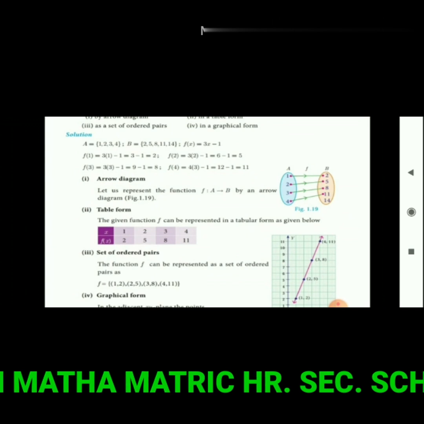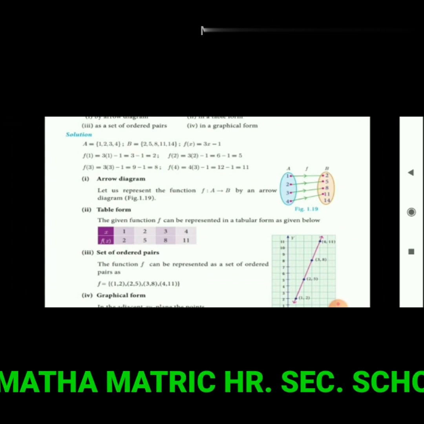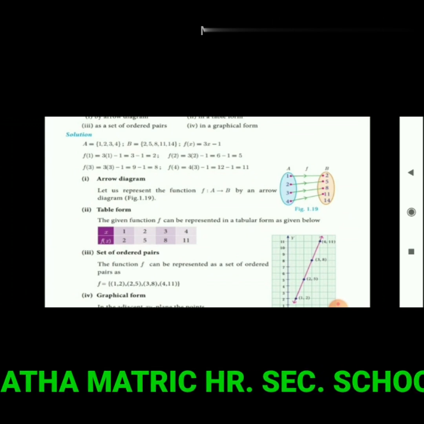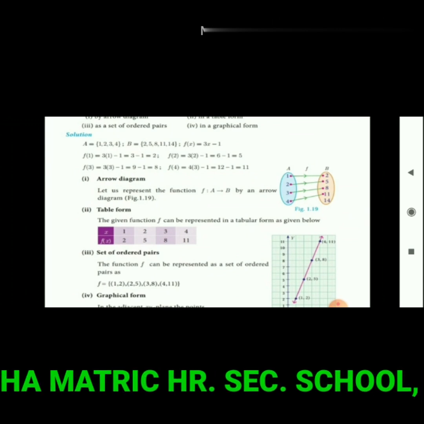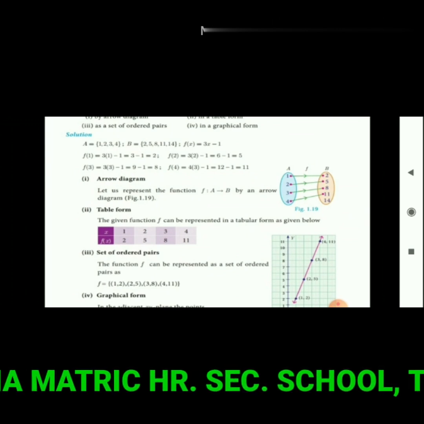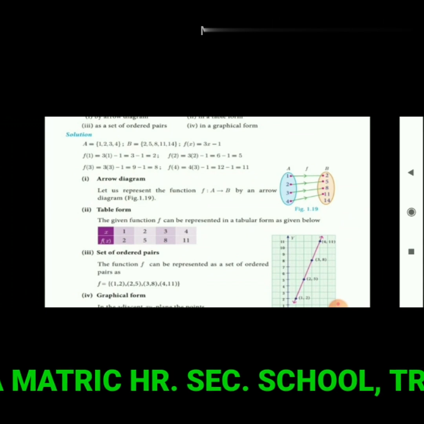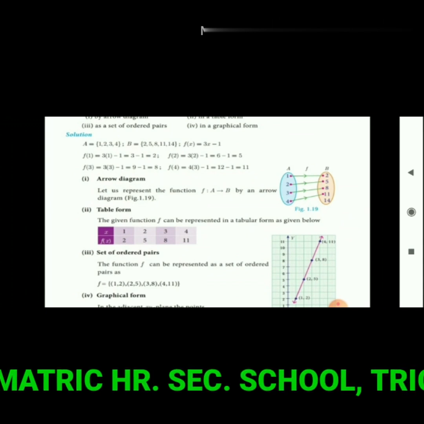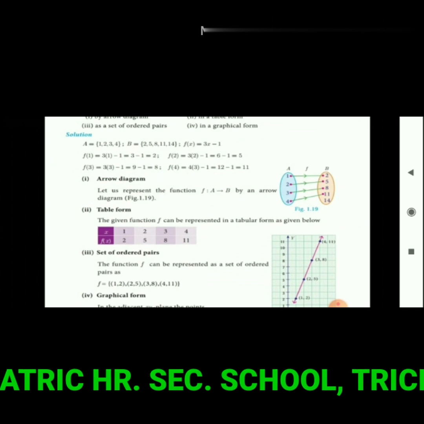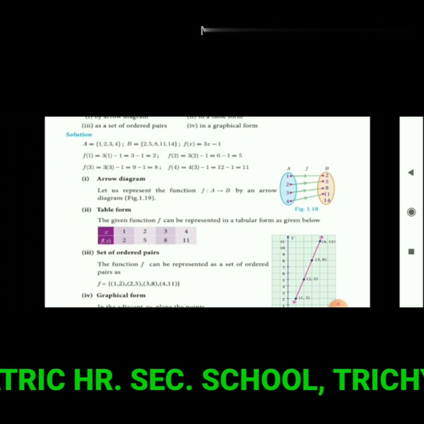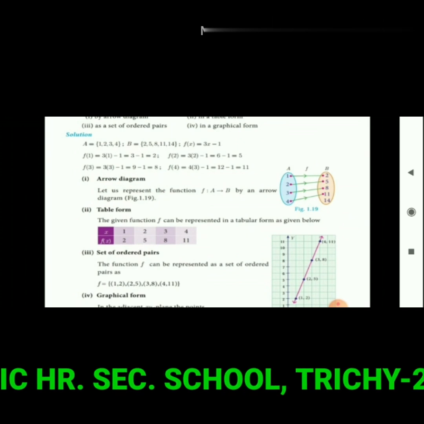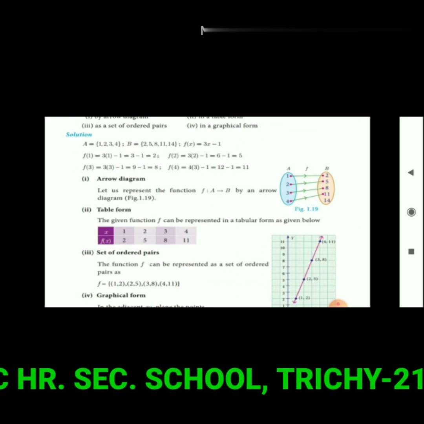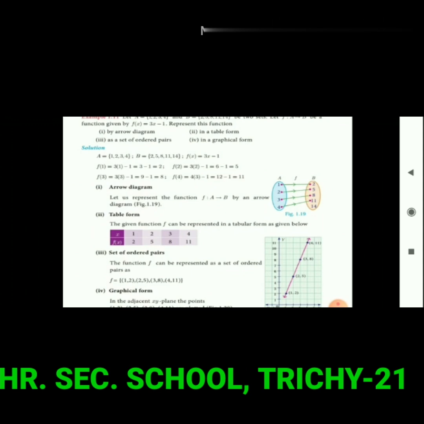In table form, the given function f can be represented in tabular form as given below. x: 1, 2, 3, 4. So we find the answers f(x): 2, 5, 8, 11. We draw the tabular form. Set of ordered pairs: from the arrow diagram, we get the set of ordered pairs {(1, 2), (2, 5), (3, 8), (4, 11)}.